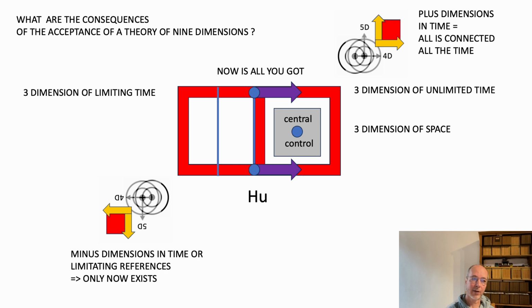So the extra dimensions are minimalized to really a point in the now. In fact, if this theory is true, with the last three dimensions we are only left with the now moment, which is the only thing that exists.